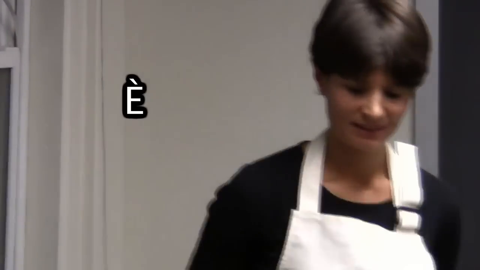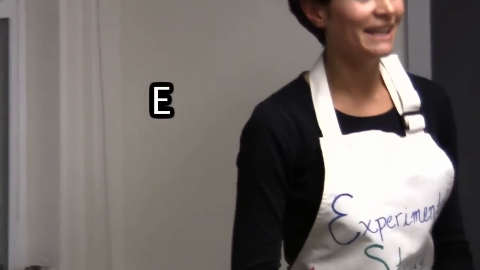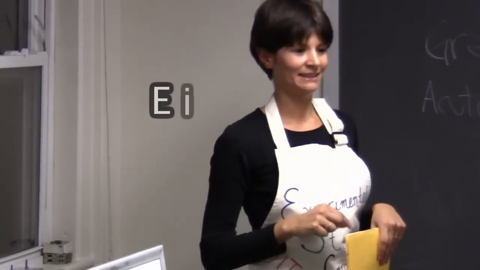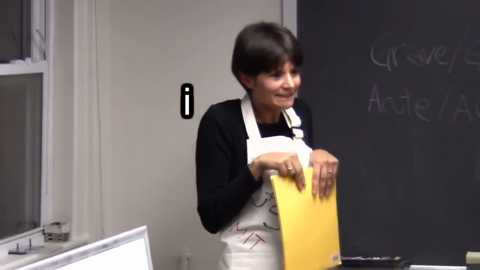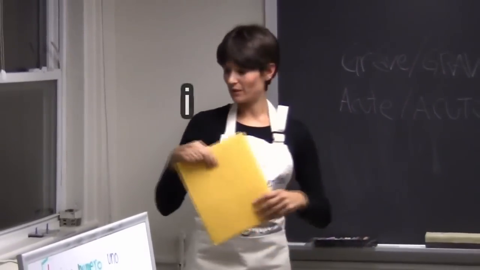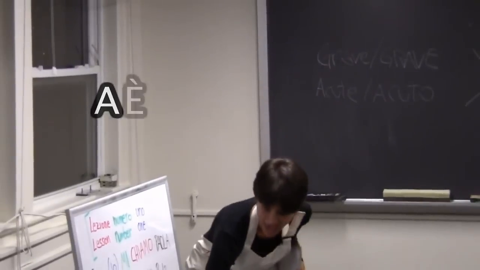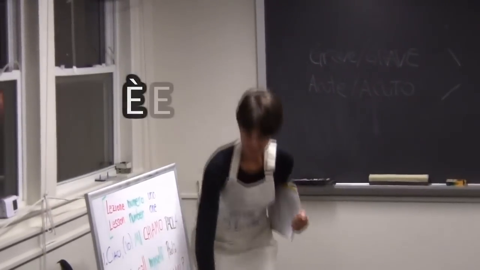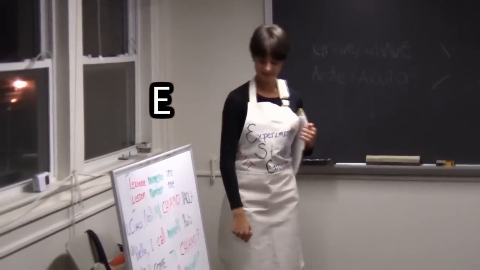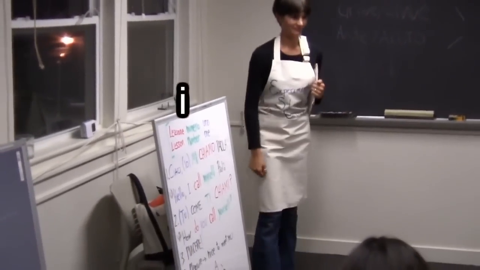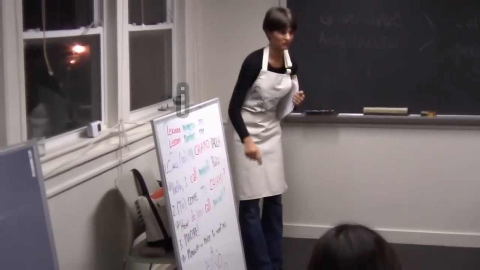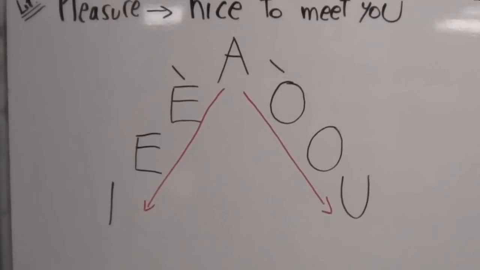So it's è. And then I close my mouth a little bit more. é. And then the last one is i. And my mouth is closed. Right? So it goes from very open, A, to I. Same goes from A to U.